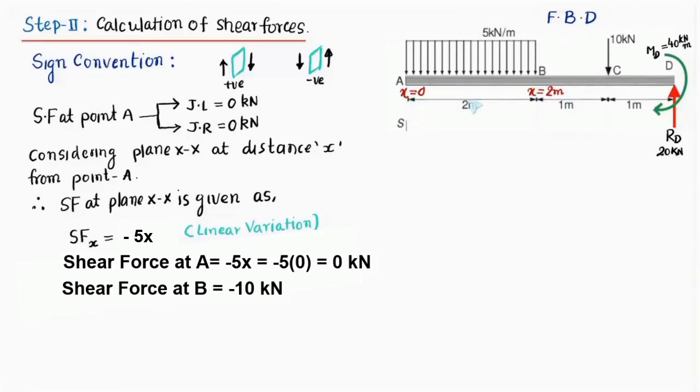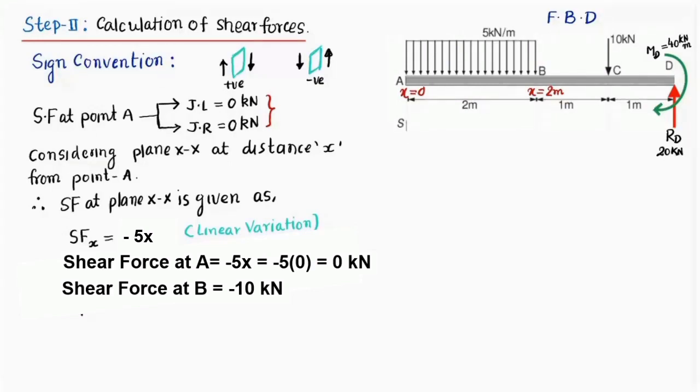Putting x equal to 0 and x equal to 2 will give you the value of shear forces at point A and point B. At point A, there is no point load acting, but there is a uniformly distributed load acting, so there will not be any sudden variation of shear forces. If I find shear force at A and shear force at B, I will be able to get the variation of shear forces because the variation is linear.